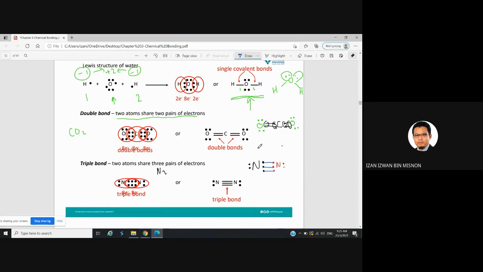So if we calculate the electrons, each nitrogen will have 8 electrons. So electron 1, 2, 3, 4, 5, 6, 7, and 8. So that is the reason why sharing of electrons is required to complete the octet. Same goes for nitrogen 2, similar calculation can be made: 1, 2, 3, 4, 5, 6, 7, 8.